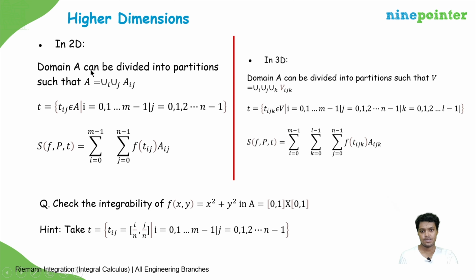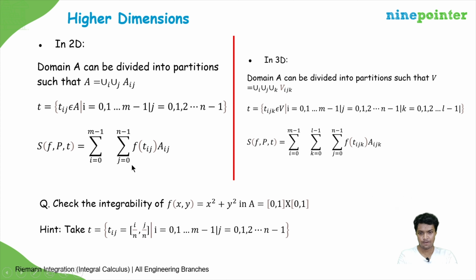In higher dimensions, we need to define the domain as a union of the A(ij) over the x and y intervals. Even in this, the tag will also change because i and j will both take different values. We need to divide the x part of the interval into m sub intervals, and the y part of the interval into n sub intervals.